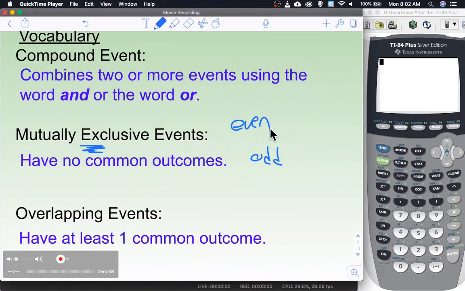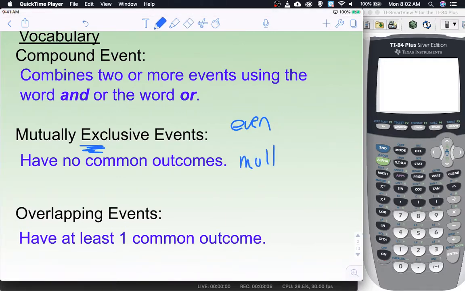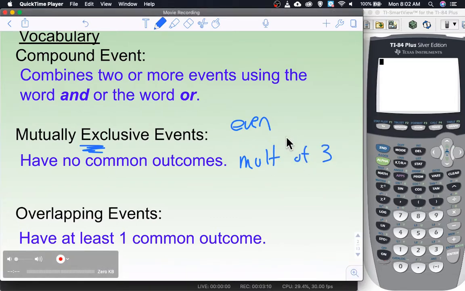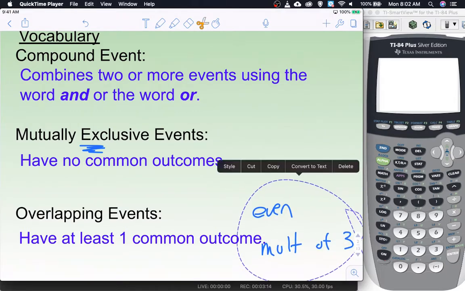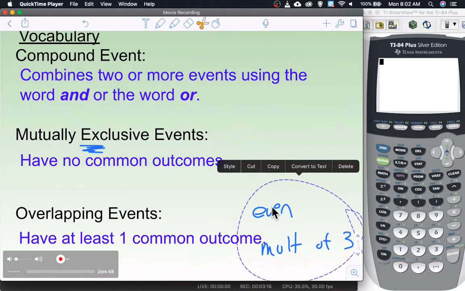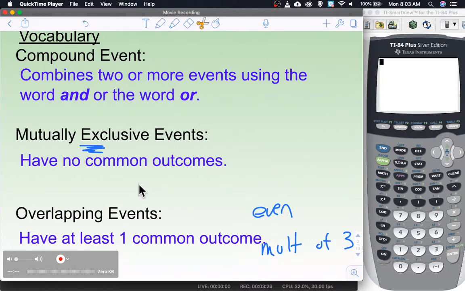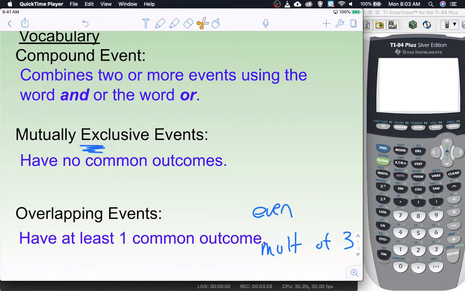They don't share any numbers in common. Whereas if I said pick an even number and a multiple of 3, well, they share. That would be an example of an overlapping event, because, for example, the number 6 is even, and the number 6 is a multiple of 3. So these would be overlapping. They share something. Mutually exclusive events don't share anything. They have nothing in common at all.